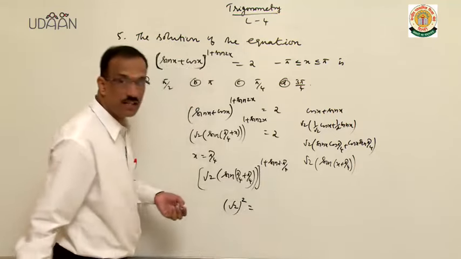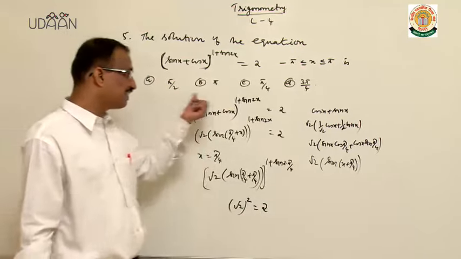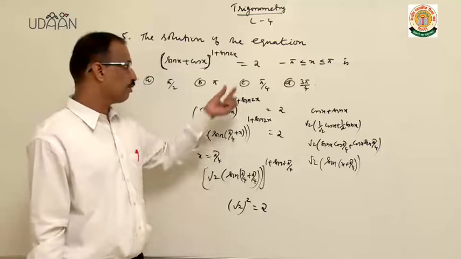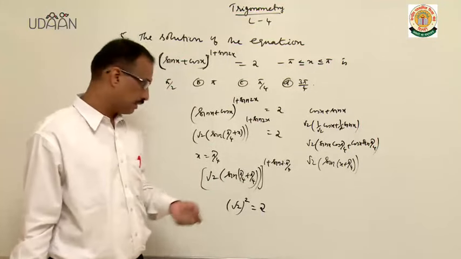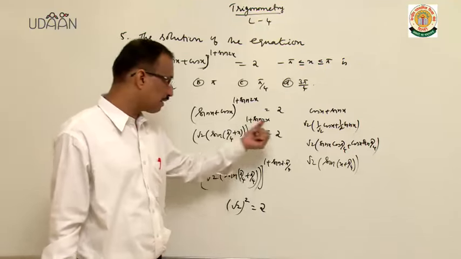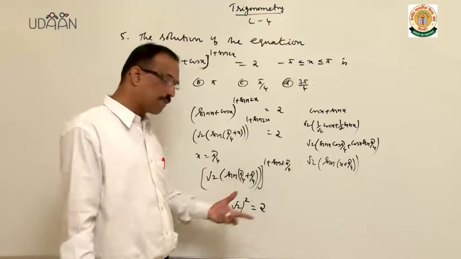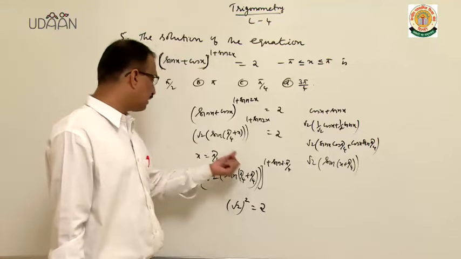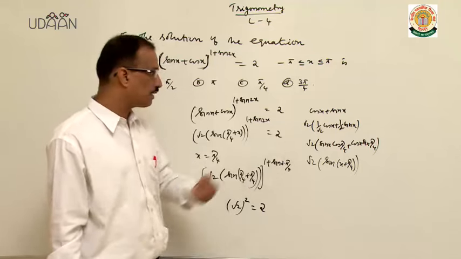So root 2 square is 2. So your solution among these values is only pi by 4. If you take pi by 2 plus pi by 4, then you will not get it, it will become 1. It cannot be equal to 2. And if you take pi, so pi plus pi by 4, you will get it in the minus. So in that minus also you will not have it.